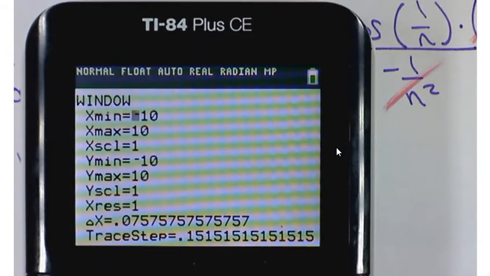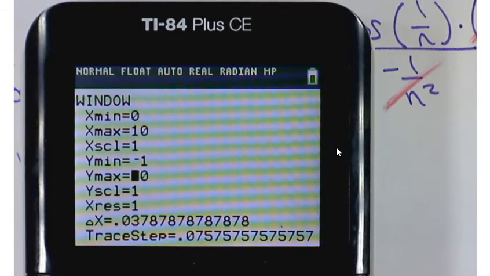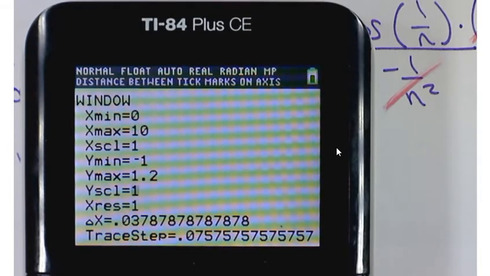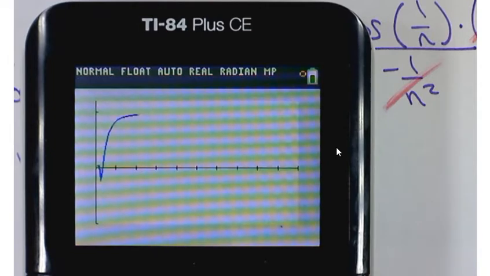Now I'm looking towards n is positive infinity, so maybe I'll start this at 0. I know that the biggest that sine could be is 1. The minimum is negative 1. So I'll go from negative 1 to 1, and let me go a little bit higher than 1.2. I think that should be pretty good. Let's do our graph. There you go.